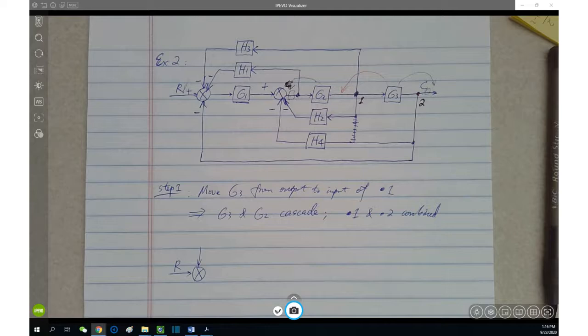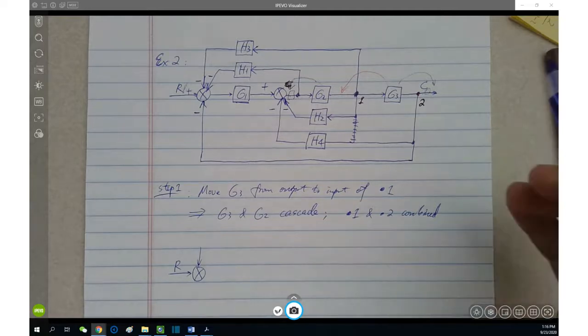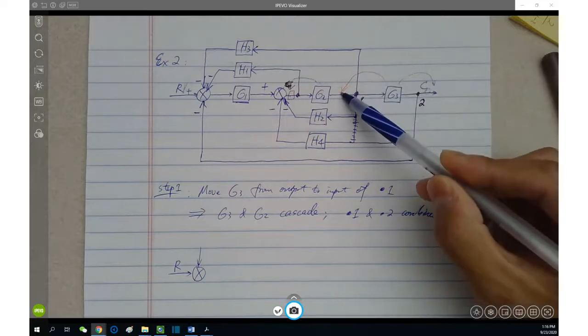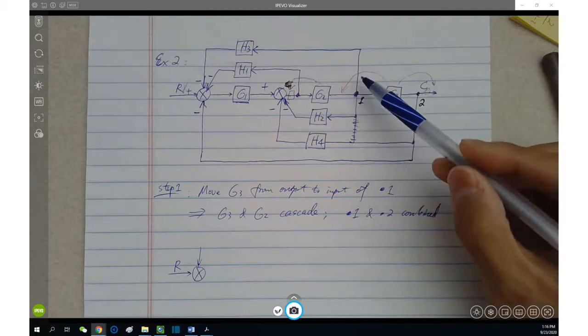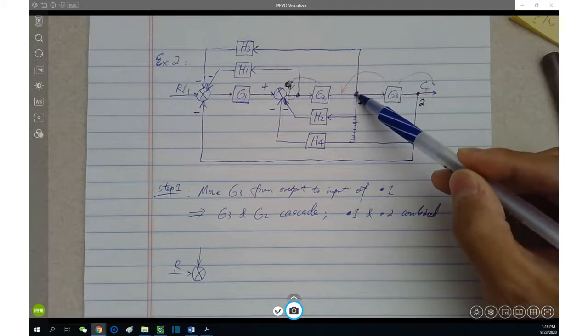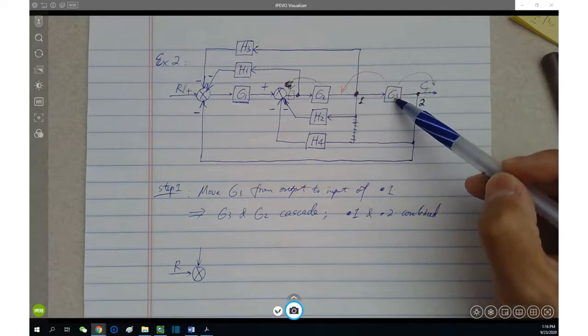It's actually because of the algorithm. Think about this, everybody, not only Kevin. After moving G3 from here to here, according to the algorithm, what do you need to do? The other output of pickoff point 1 needs to be divided by the moved block, which is G3.